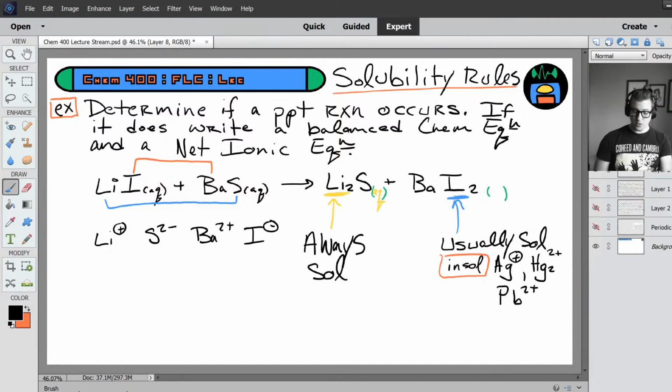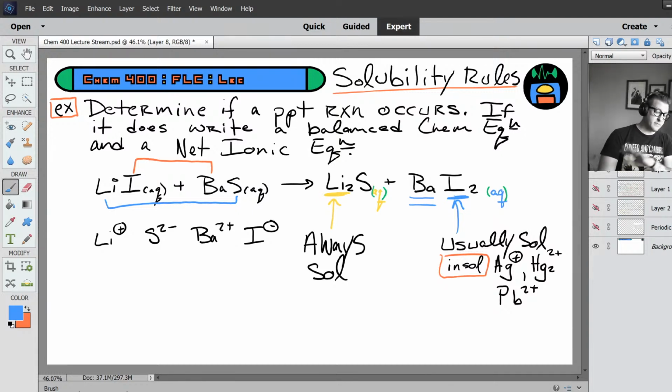And since barium is not on that list, that means that barium iodide will be aqueous. It will be soluble in water.